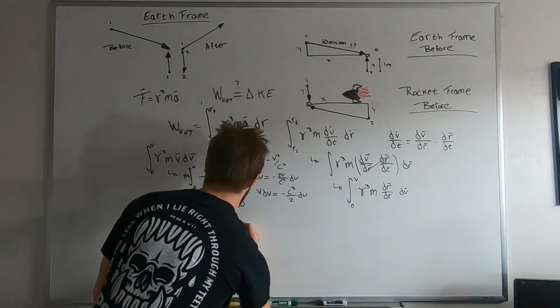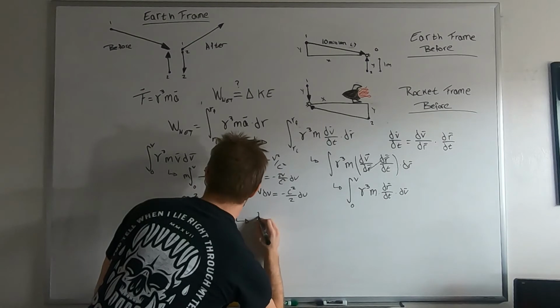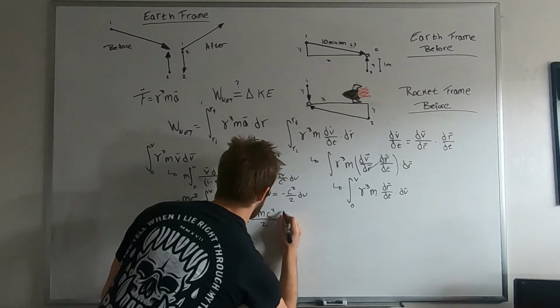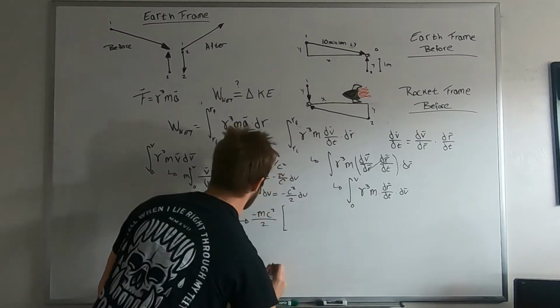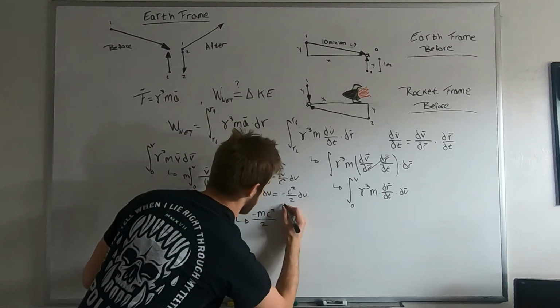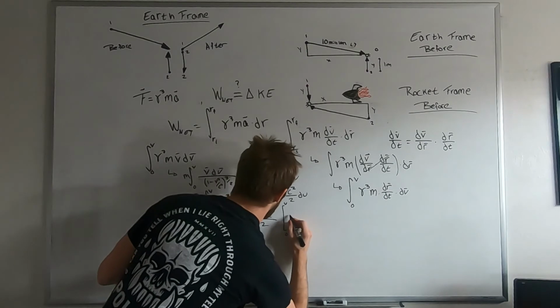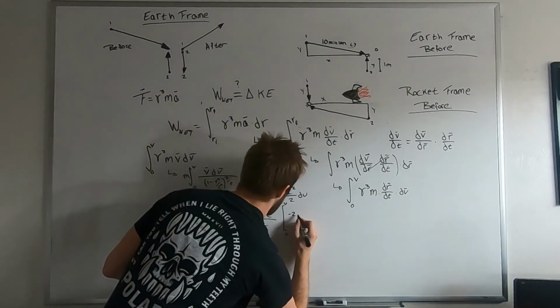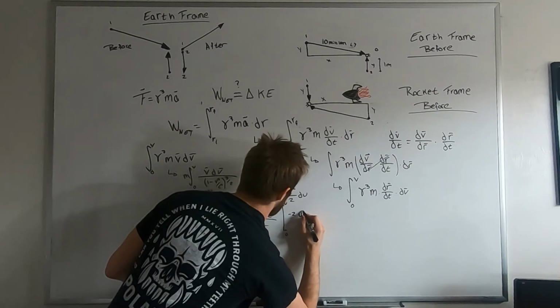So we're going to have minus mc squared over 2, where we have our integral with our limits from 0 to v of minus 2 times u to the minus 1/2.